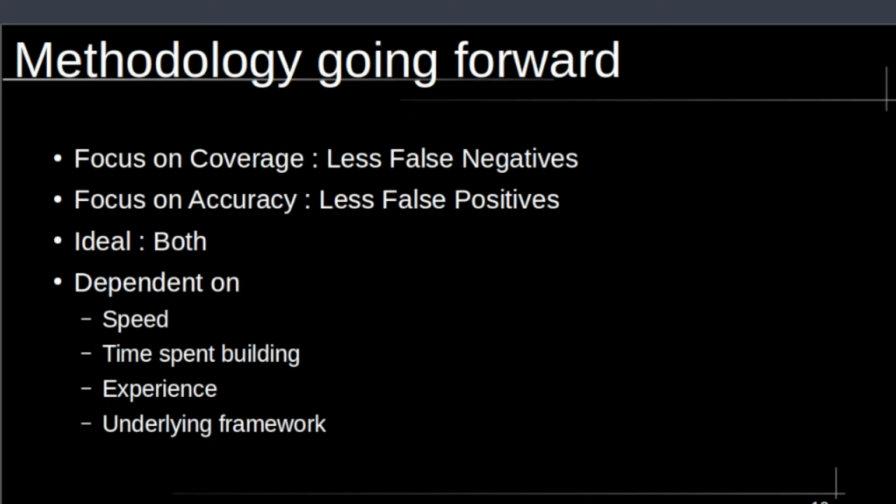So, the second thing which reaching this ideal of both high coverage and high accuracy depends on is how much time you can dedicate to each individual detector. Because of course, the higher quality your detectors are, the more time they take to develop. It makes sense for it to work that way.